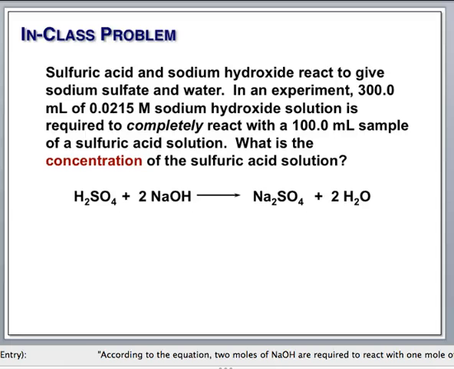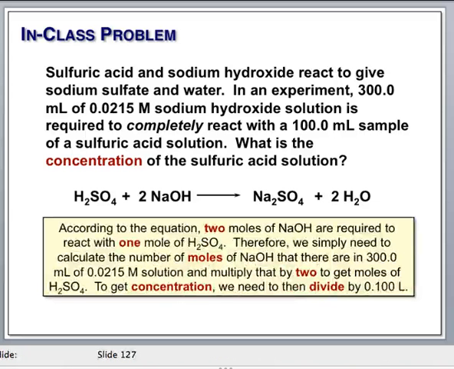And we make 1 mole. If we did concentration times volume, we would know how many moles of sodium hydroxide we had, right? If that reacted completely with the sulfuric acid, then if we know how many moles we have here, well, we can calculate the number of moles of sulfuric acid.